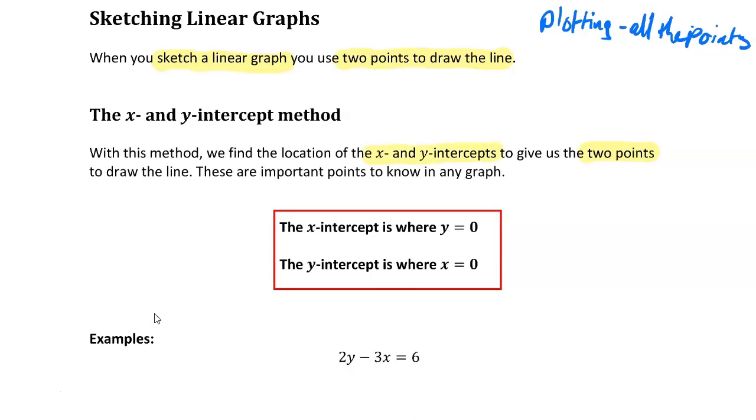Now, it's important to remember that our x-intercept is found where y equals 0, because our x-intercept occurs where y equals 0. So we've got our y and our x. So that's our x-intercept.